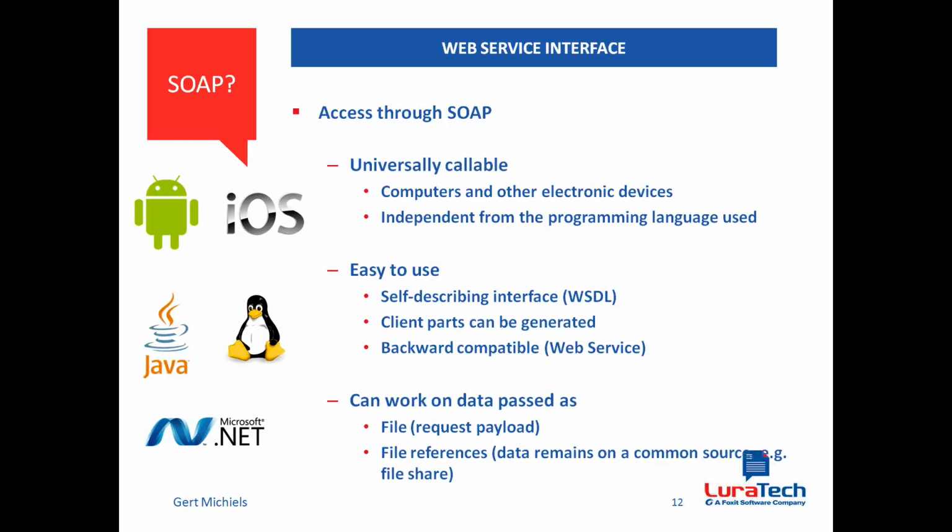That's very interesting, because we don't have to take care of all the other programming languages which might want to communicate with the rendition server. Using this technology, we are sure that anyone who can use SOAP web services is able to communicate with the rendition server.